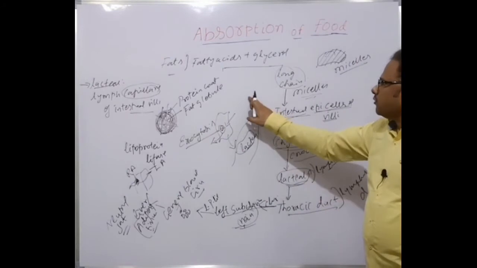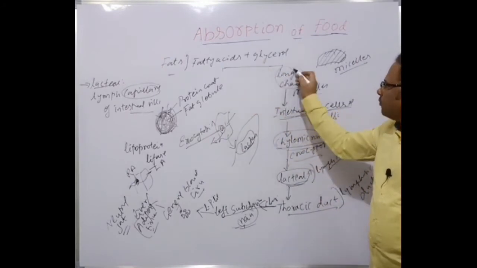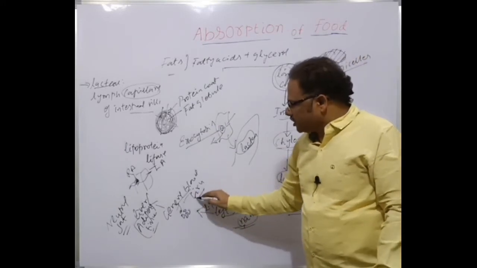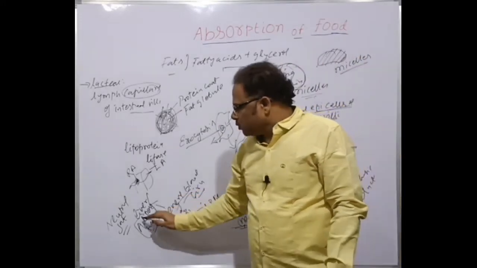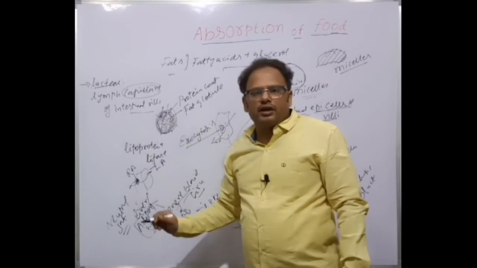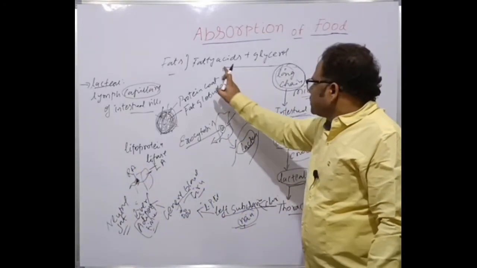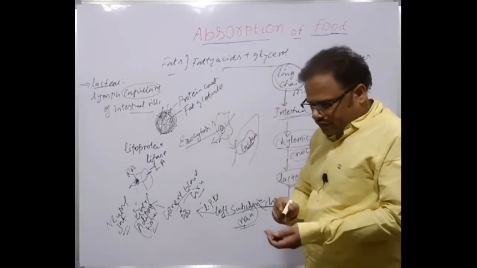In this way, the fatty acids and glycerol of the longer chain are getting absorbed into the general blood circulation and finally reaching the adipose tissue and liver, where the fat is stored as neutral fat. So that's the absorption of the fatty acids and glycerol.